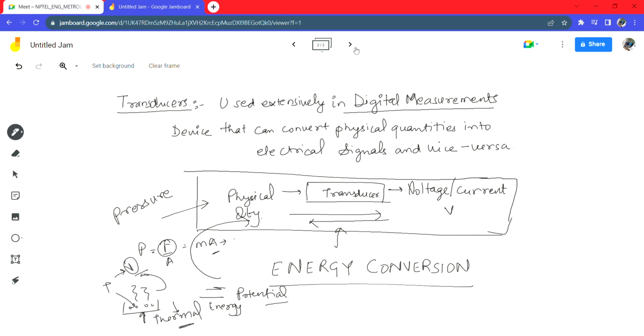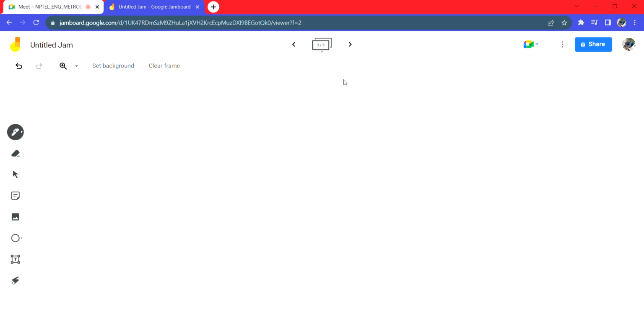So let us first, in a structured manner, see what the different types of energy transformations are in a transducer.